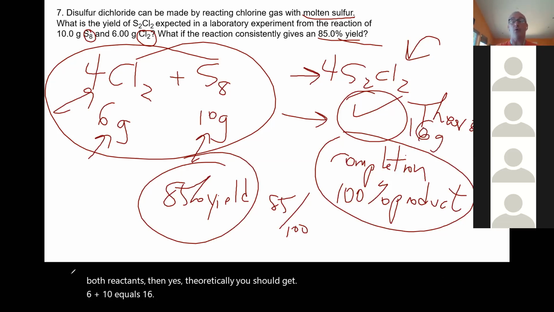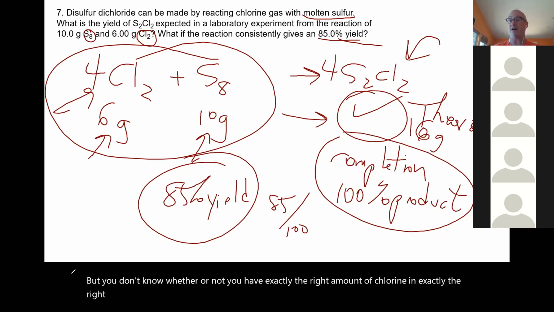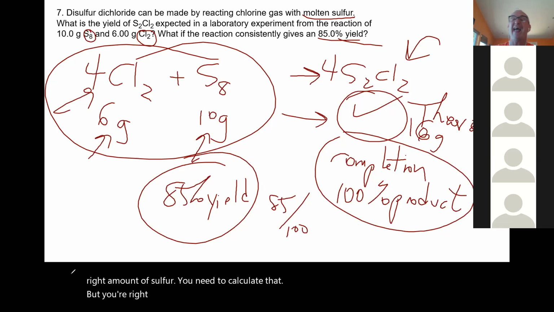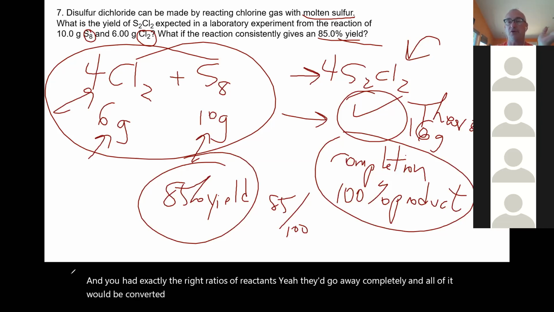But you don't know whether you have exactly the right amount of chlorine and exactly the right amount of sulfur. You need to calculate that. But you're right. If you did everything right, and you had exactly the right ratios of reactants, they'd go away completely, and all of it would be converted to product, and all would be happy and joyful.